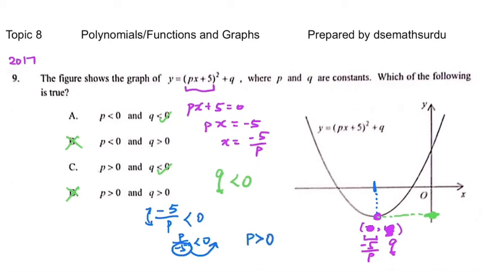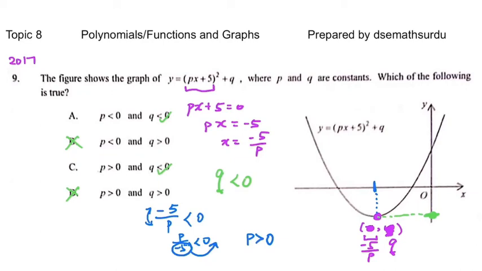Why is it larger than 0 now? Because we are moving a negative number to the other side. That's why your answer will change the symbol in between. So whenever you move a negative to the other side, it becomes the opposite sign.